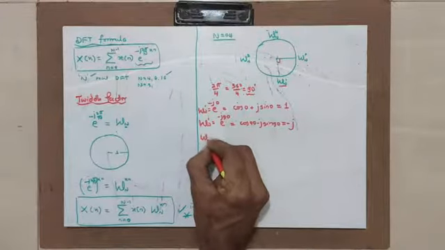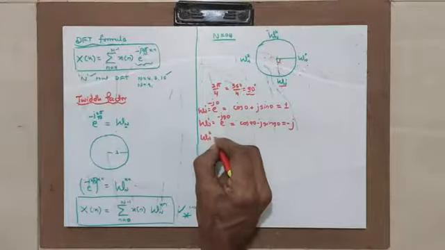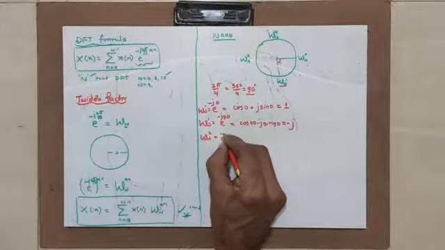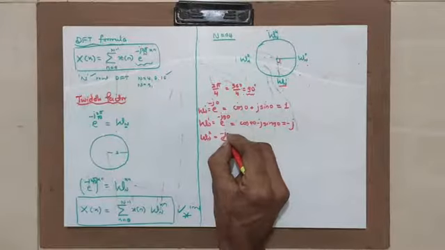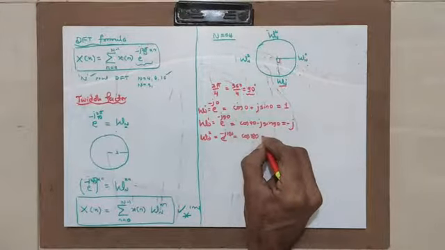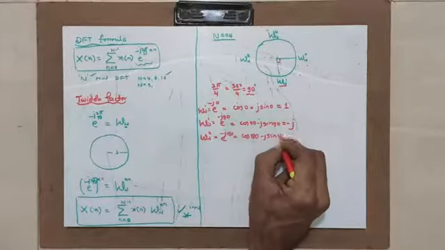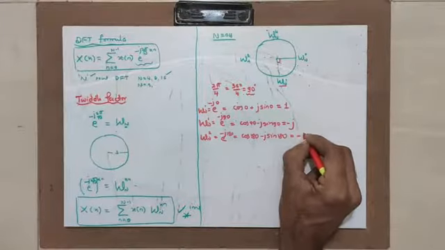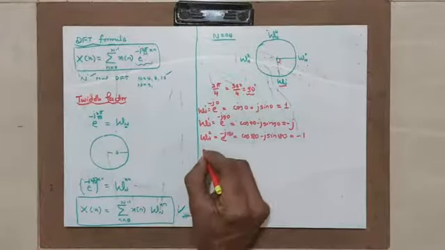Similarly, W2 is e raised to minus j 2 into 90, that is 180. That is cos 180 minus j sin 180. Cos 180 is minus 1. Hence my answer becomes minus 1.